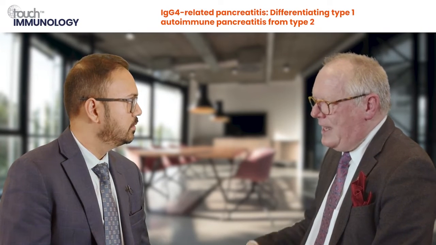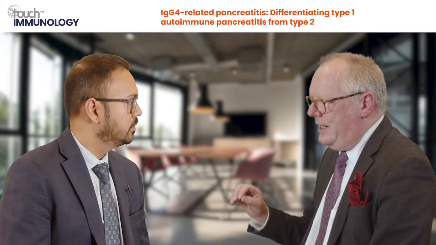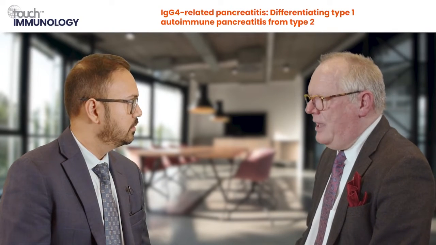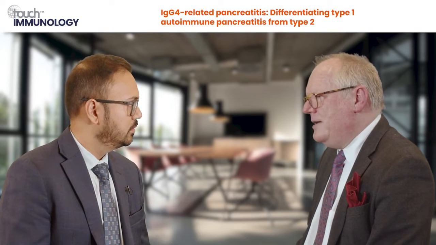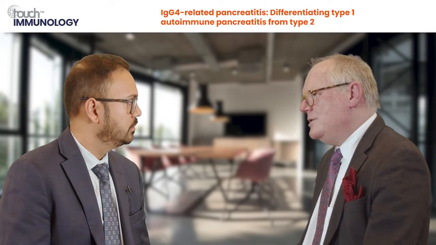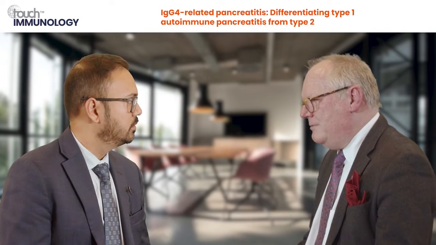However, we and others could not show a direct link or a presence of H. pylori DNA or bacteria in the pancreas. So the mechanism must go through the presence, I should say, of H. pylori in the stomach, really.